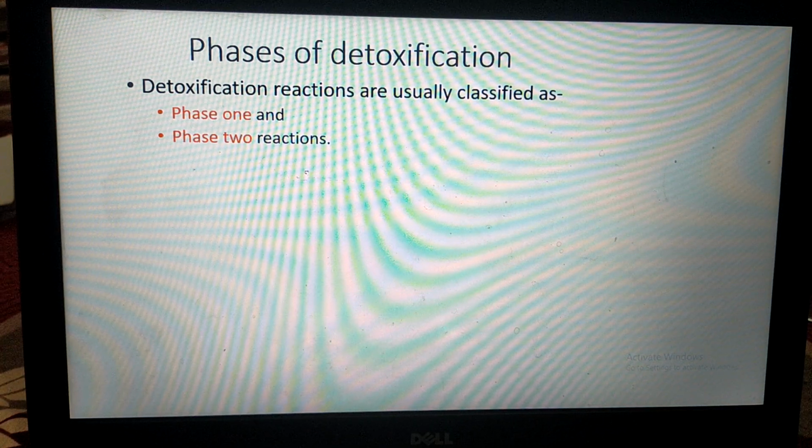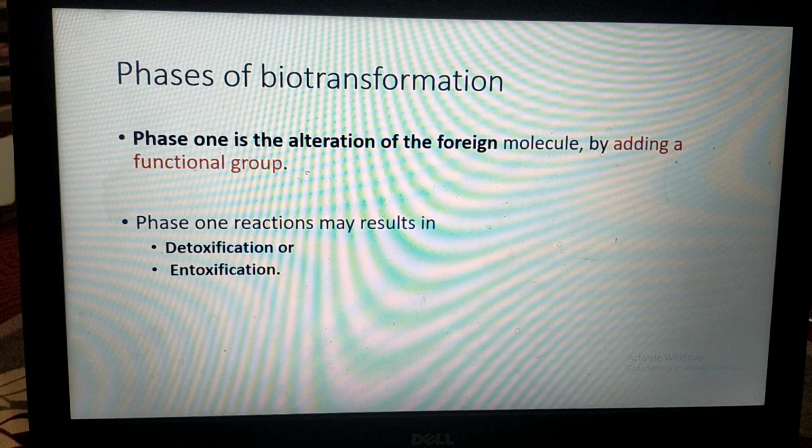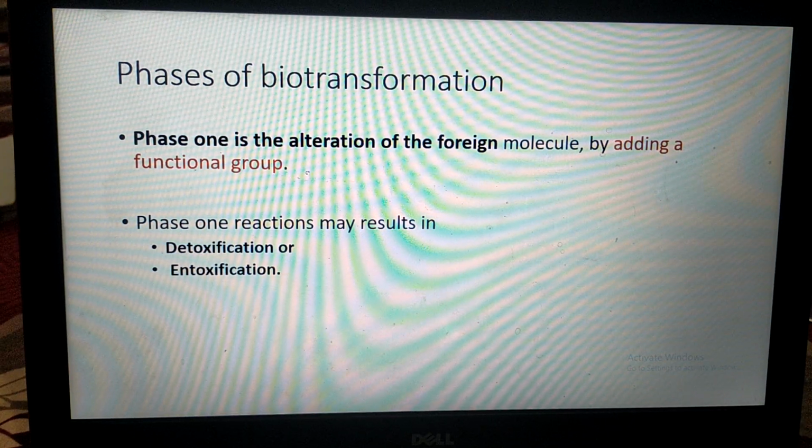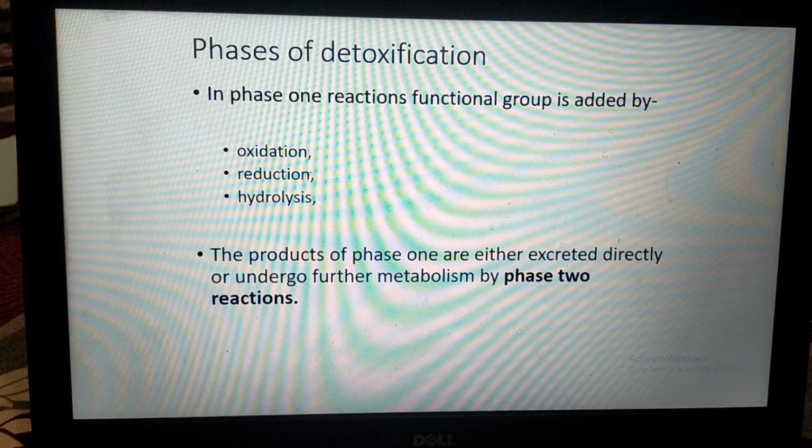Detoxification reactions are generally classified as phase 1 and phase 2 reactions. Phase 1 reaction is alteration of the foreign molecule by adding some functional group. The phase 1 reaction may result in detoxification or intoxication. In phase 1 reactions, the functional groups are added to the foreign molecule by the process of oxidation, reduction or hydrolysis.